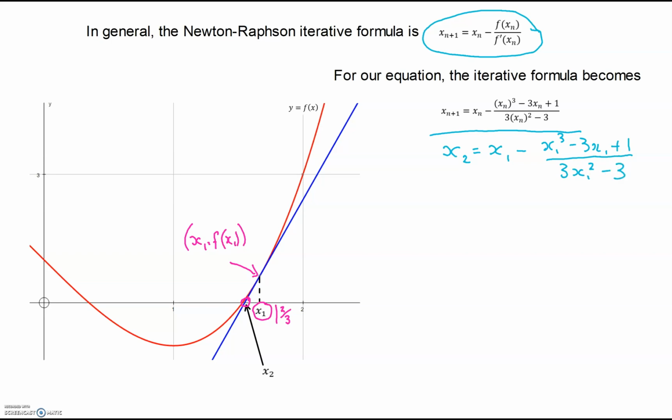So if you, on your calculator, substitute 1 2/3 and use the fraction, make it 5 over 3 is probably easier, and if you use the fraction, you can generate the value of x2. And this time I'm going to give it as a decimal, and x2 is 1.54861111, etc.